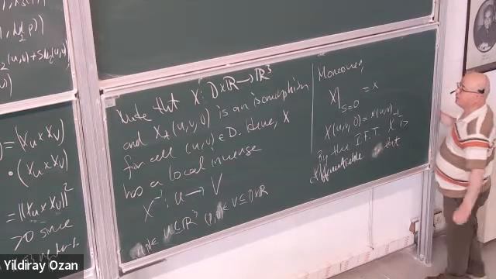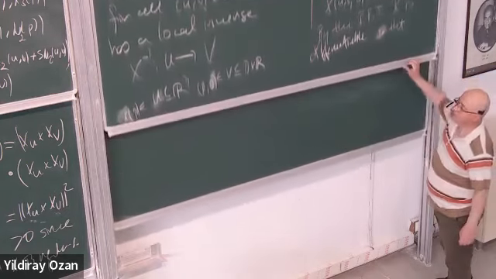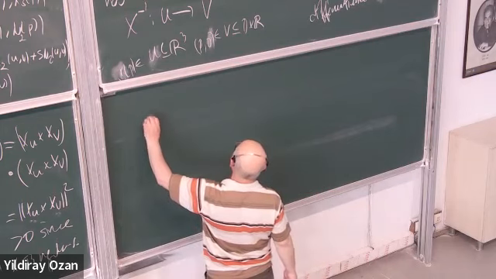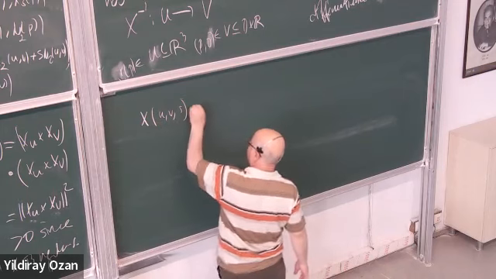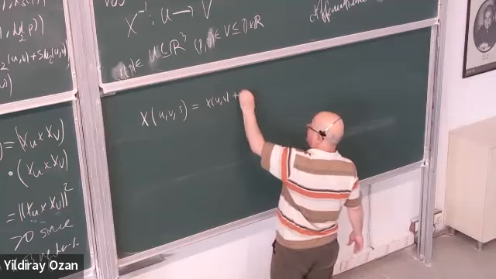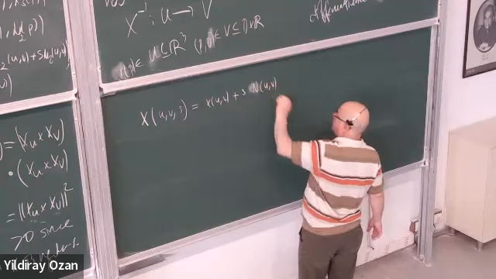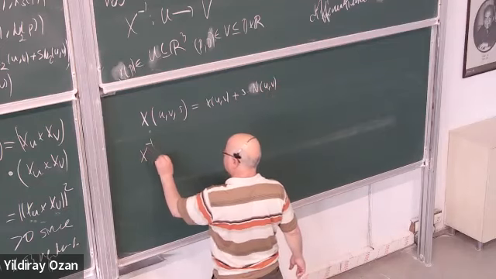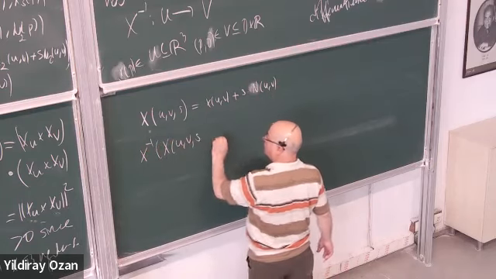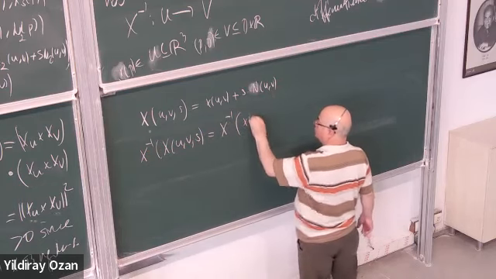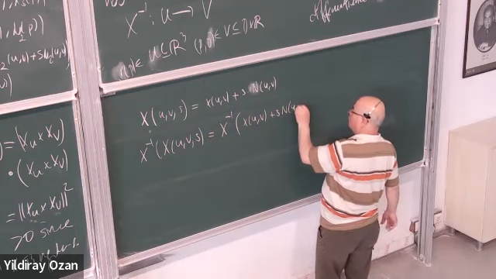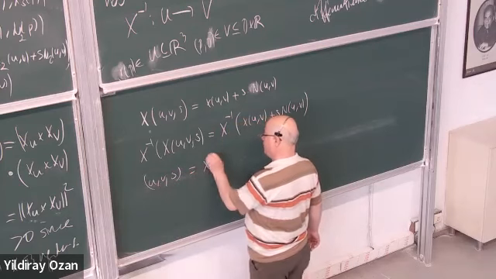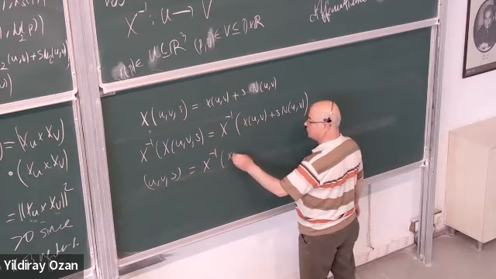So that, what can we say from here? Then what will little x be? Let me put it this way. What was X of (u, v, s)? It was x of (u, v) plus s times the normal vector, right? Therefore, if I put big X inverse in here, I will get this, and this is just (u, v, s).